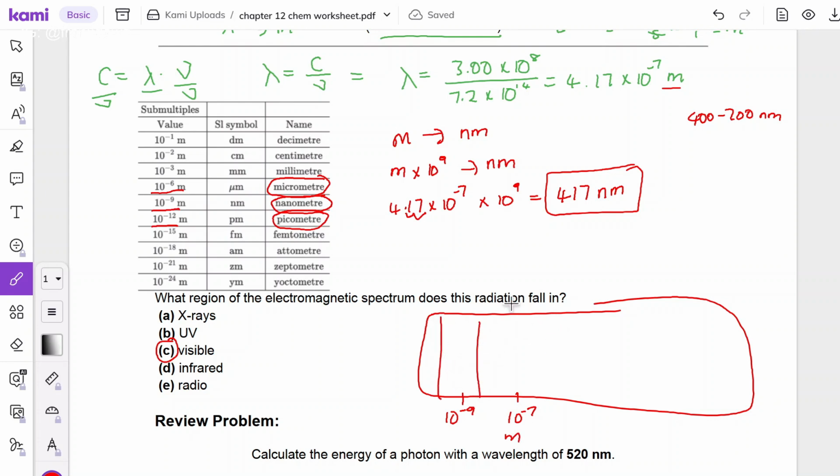I'm not saying it does, but that's the way to answer this question. You get the answer, then you put it back in meters, and then it'd be like, oh, this is around 10 to the negative 7, which falls into the visible wavelength, and then you answer the question. And that's how you answer questions like these.